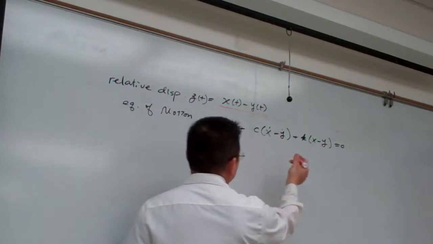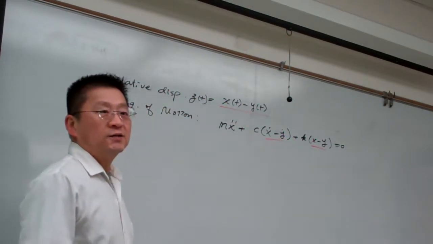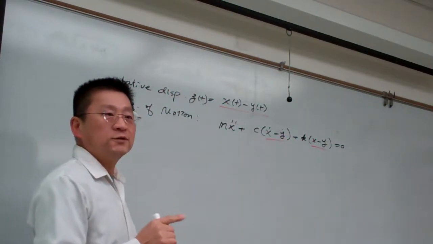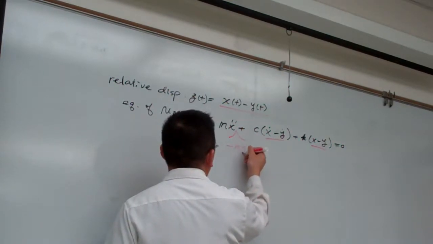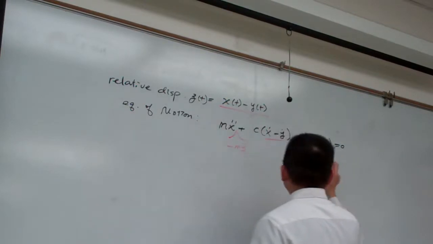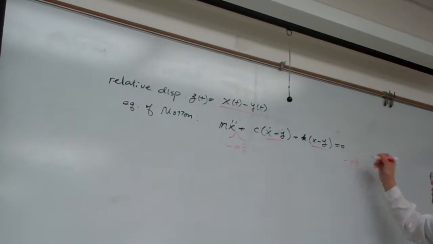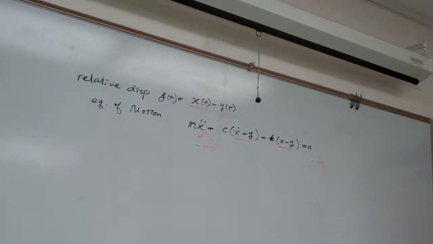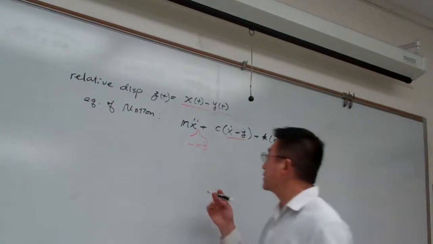The term and its derivative appear here, so the double derivative we can make into one term. So let me subtract m y double dot on both sides to keep the balance. By artificially adding this single term on both sides, we can come up with this.